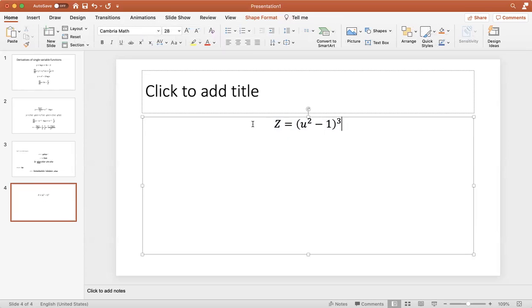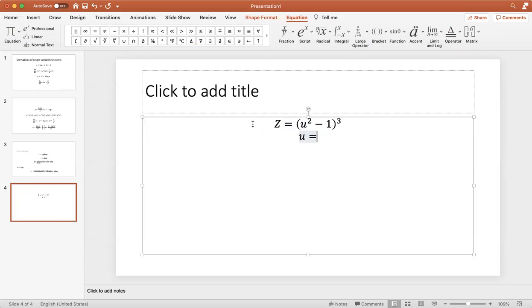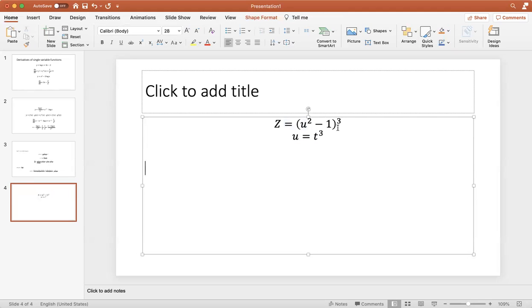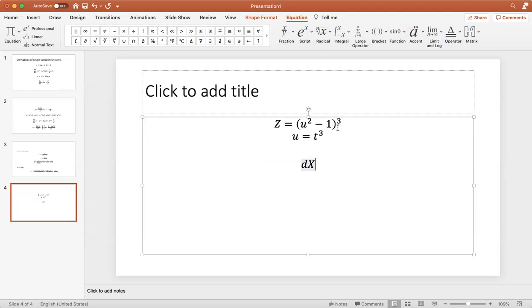And suppose you have another function u. So it's a composite function again. You have u as a function of t, the cube. Now, what if I ask you to get the derivative of z with respect to t? What if we have that expression?